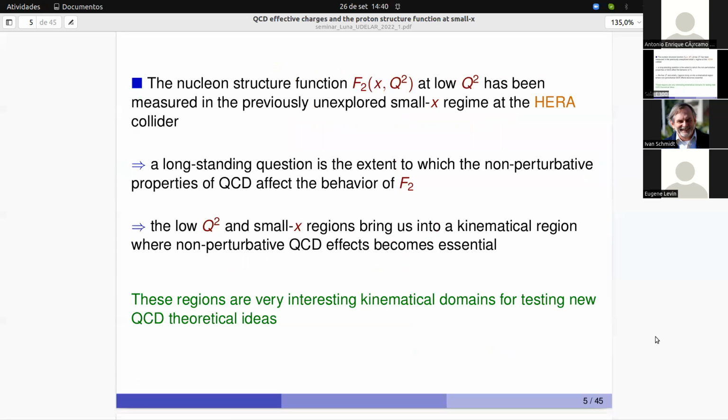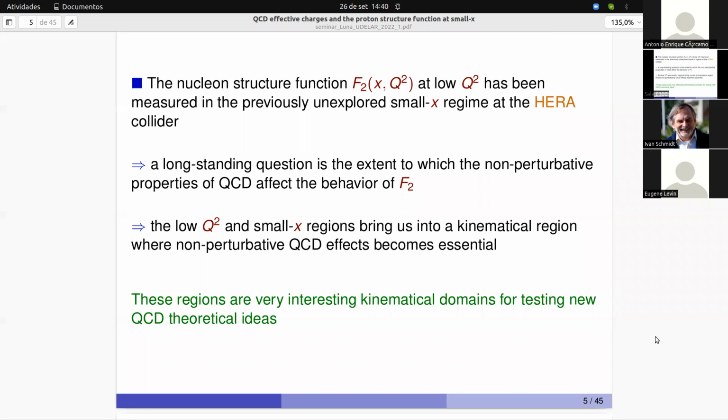We have the H1 and ZEUS experiments that have a lot of data in this kinematical region at low Q square. But a long-standing question is the extent to which the non-perturbative properties of QCD affect the behavior of F2.